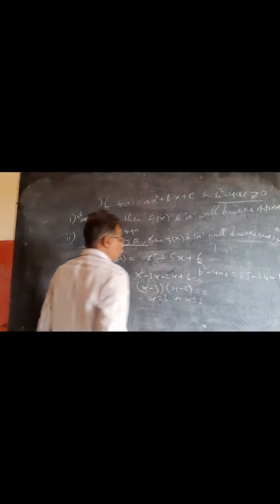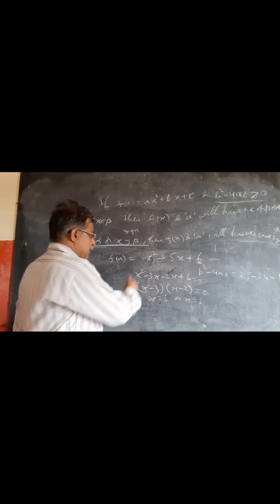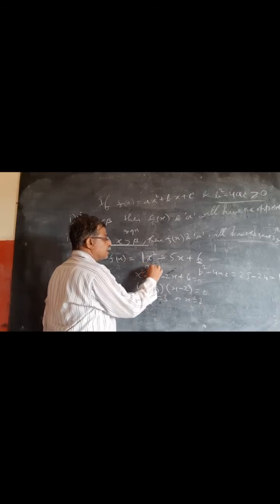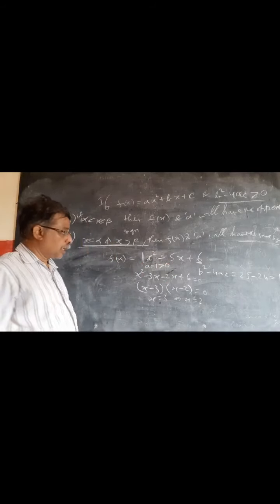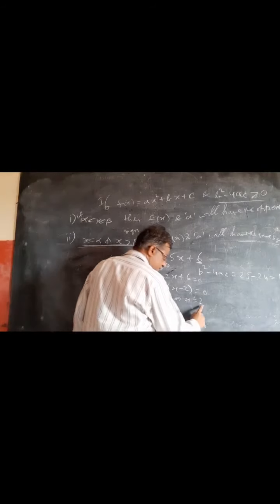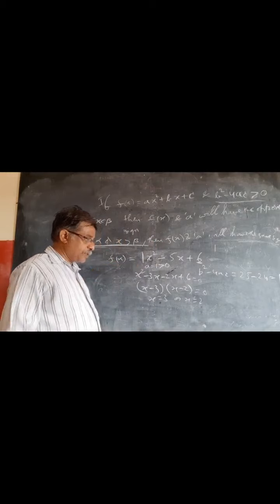Now what happens if x lies between 3 and 2? Observe, here a is equal to 1, which is greater than 0. Now if I take any value between 3 and 2, observe what happens to f of x.